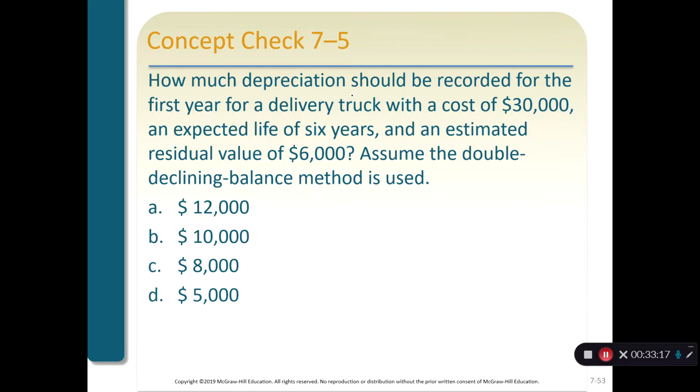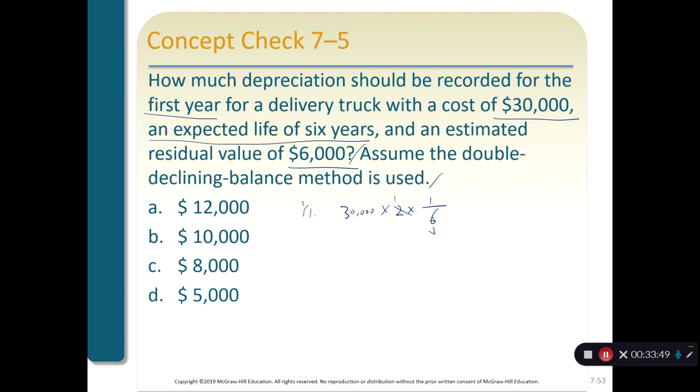Okay, so let's look at the example here. How much depreciation should be recorded for the first year of a delivery truck with a cost of 30,000, an expected life of 6 years, and an estimated residual value of 6,000? Assume the double declining method is used. So in year 1, the double declining method is very simple. Just use the cost of the asset multiplied by the declining rate, twice the straight line rate, right?